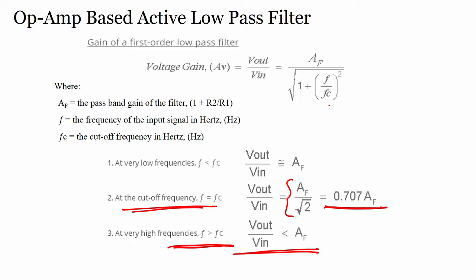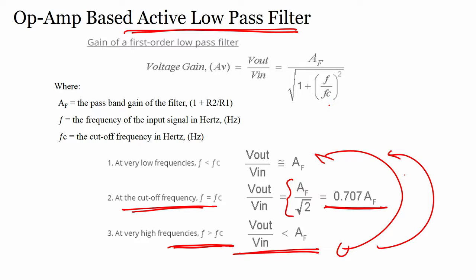This you have to remember when you are understanding the active low pass filter. We will see similar things in the active high pass filter, but this will get interchanged with this, like this. We will see, do not worry about it right now.